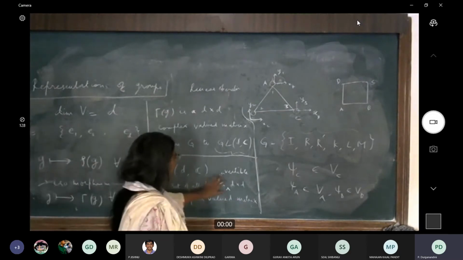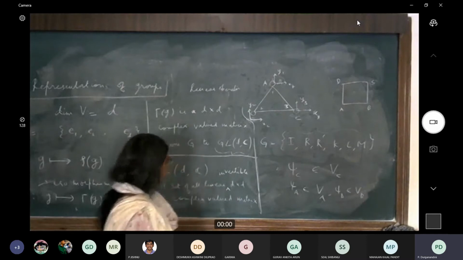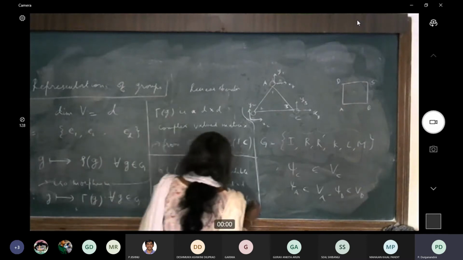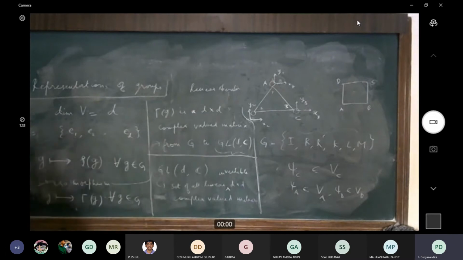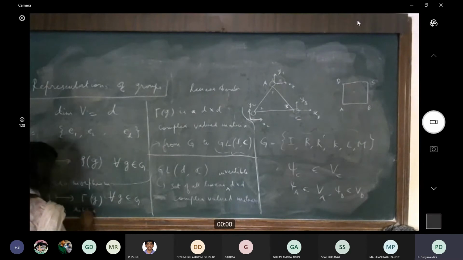Linear is actually redundant. So this gamma defines a matrix representation of G. I have to do this for all elements.